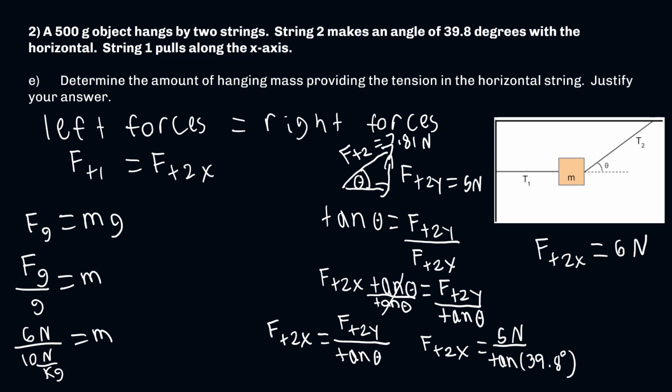Plug this into your calculator, 6 divided by 10, and you should get 0.6 kilograms. So 0.6 kilograms is going to be my final answer. Again, you can test this if you have the proper apparatus in your physics classroom. You should get pretty much the same exact numbers as I have.